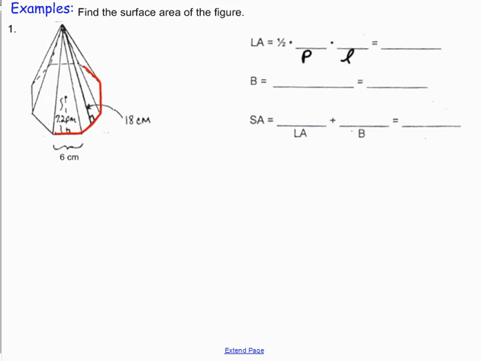What shape is it? It's an octagon. I notice that this right here is 6 centimeters, so each one of those sides is 6 centimeters. So we have to figure out the perimeter. The perimeter equals 6 times the number of sides, so that's going to be 48.